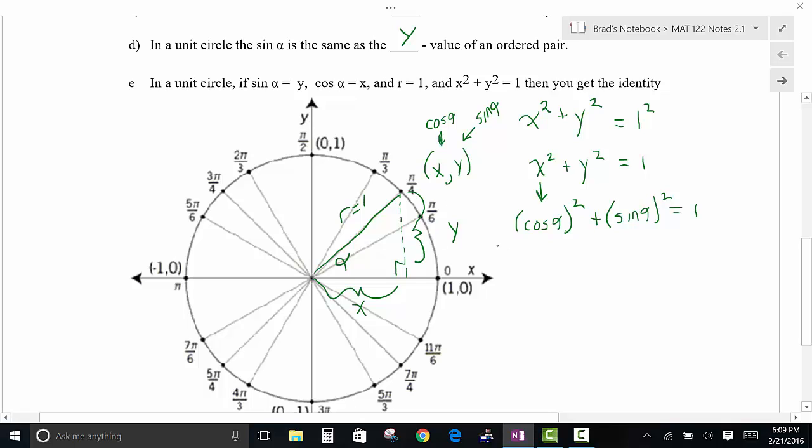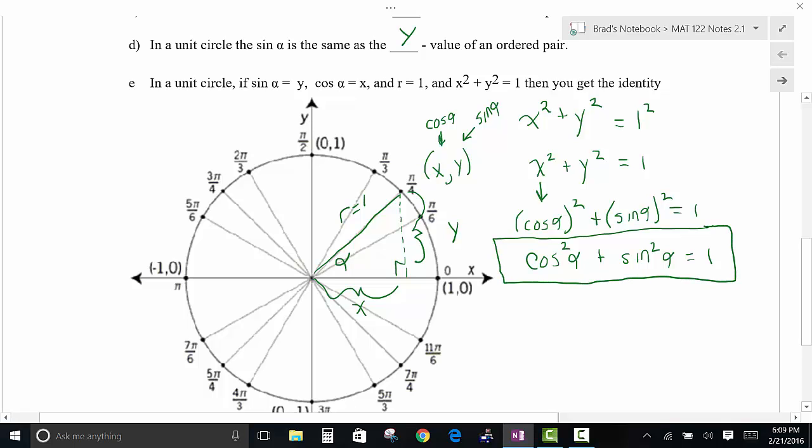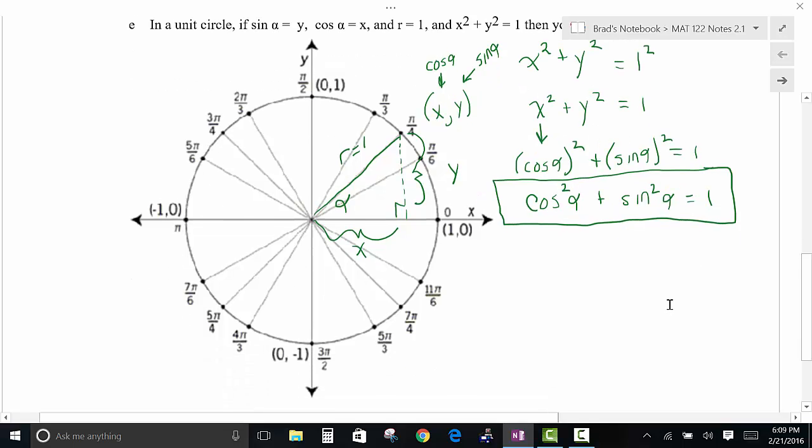What we end up with is cosine squared alpha, that's how we write the cosine of alpha squared, plus the sine squared of alpha equals 1. That's an identity that we've looked at before, and that's where it comes from. This unit circle we're going to learn about I call the god of trigonometry, because so much of trigonometry comes from this incredible circle.